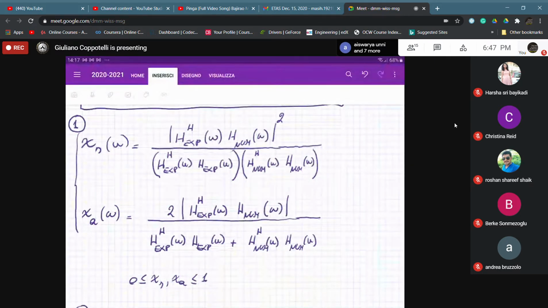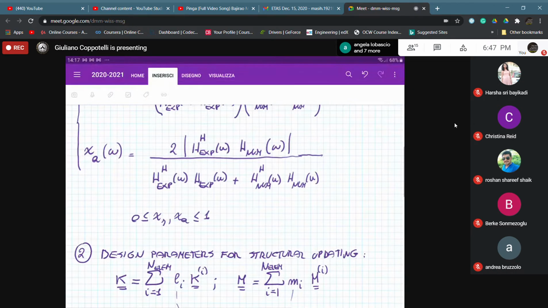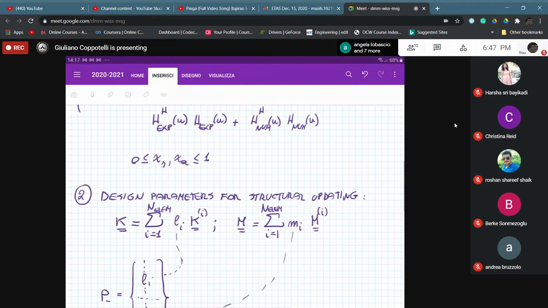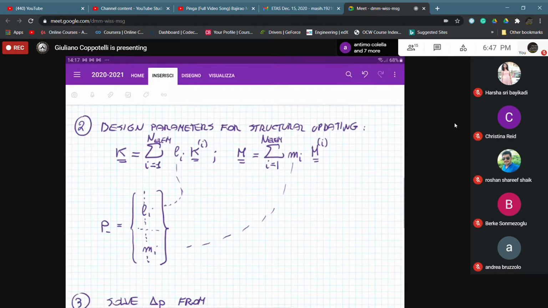Okay. And the second step in this predictor corrector method is to introduce the design parameters for structural updating using the so-called p-value formulation.